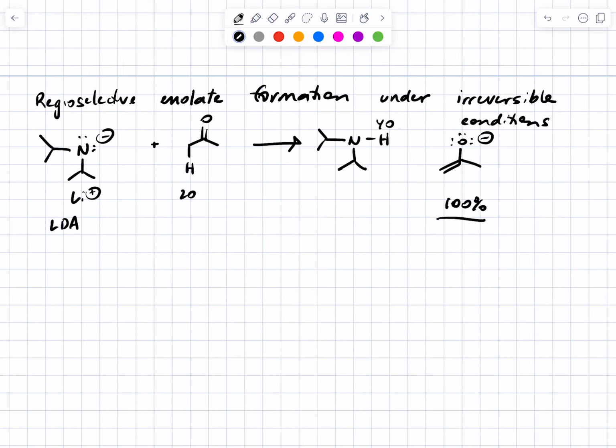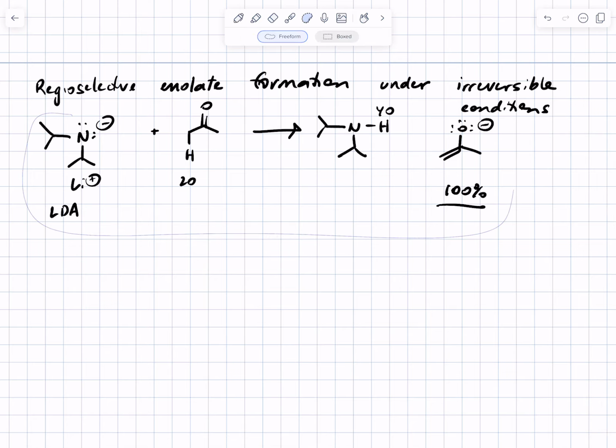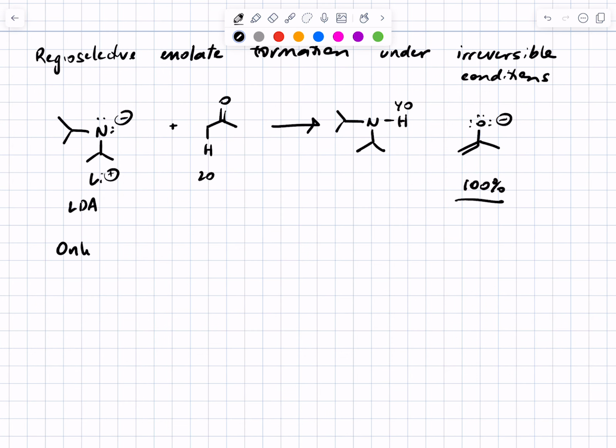It's 100% yield and there is no going back. When you run reactions under irreversible conditions, it actually does not matter which enolate is more stable. In fact, the only thing that matters under irreversible conditions is which forms faster.